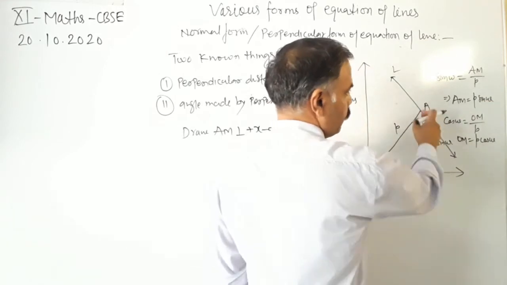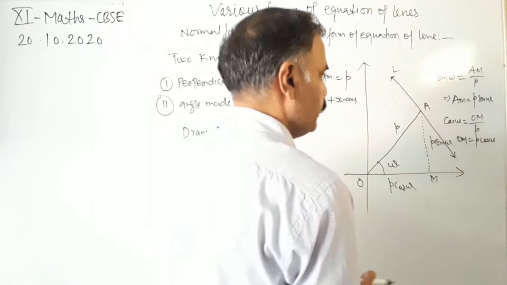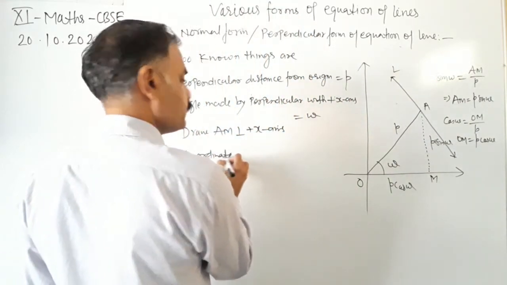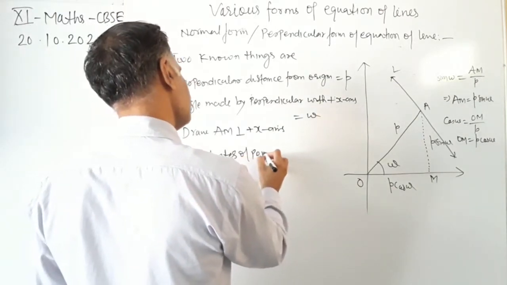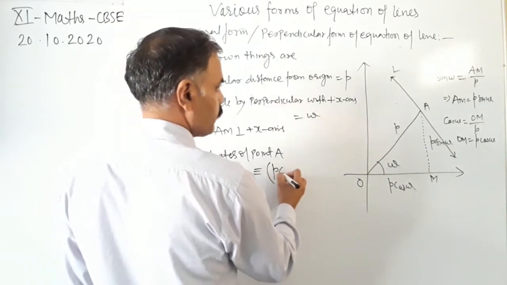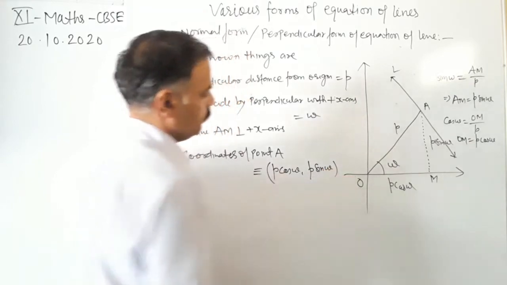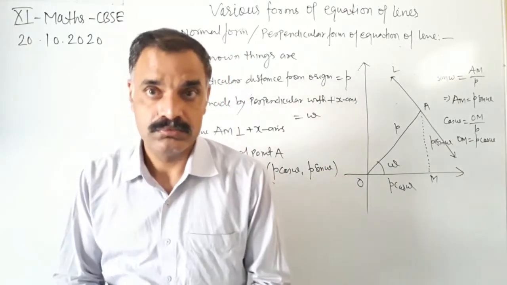AM is the y coordinate of the point A, and OM is the x coordinate of the point A. So the coordinates of point A are P cos omega and P sin omega. Is it clear to everyone?